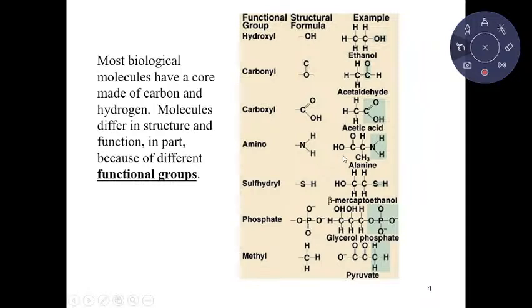In this chart, these are all functional groups. This is the structural formula, and the example shows how carbon and hydrogen are connected.